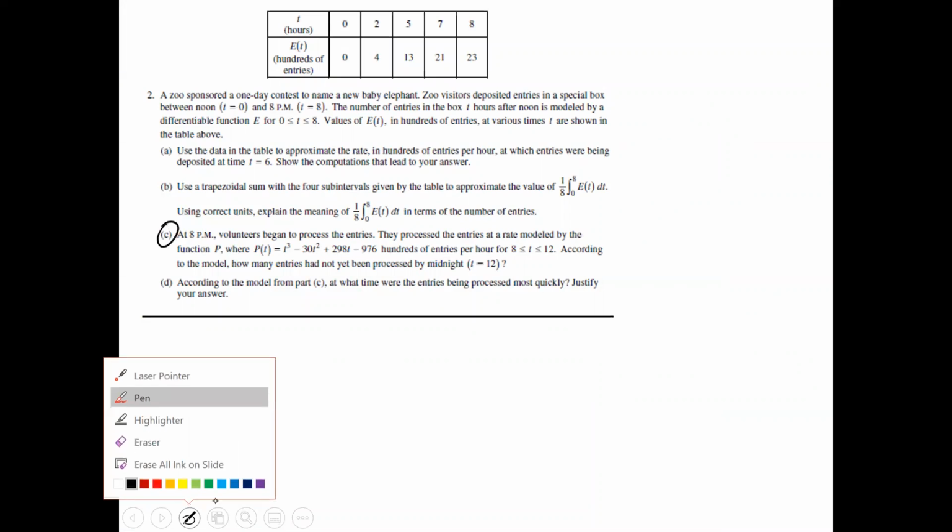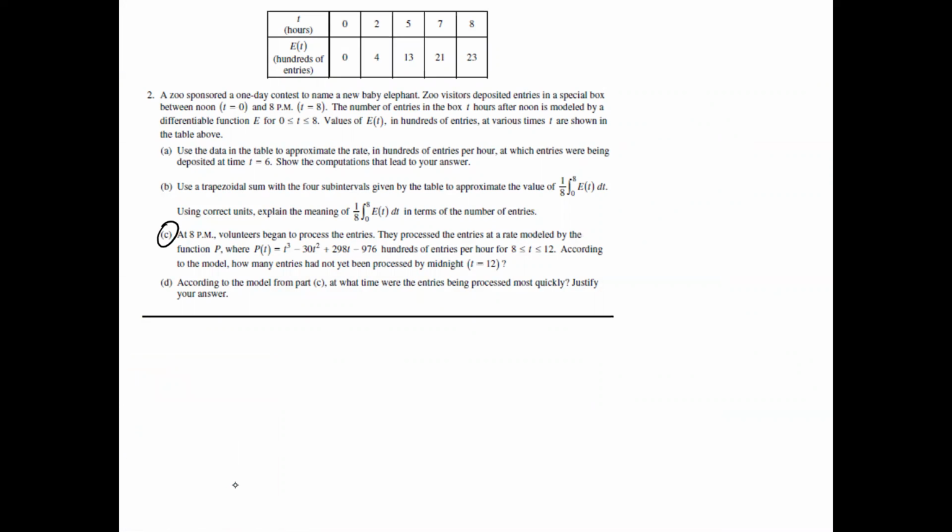Part C. At 8 p.m., volunteers began processing the entries. They processed the entries at a rate modeled by P of t, hundreds of entries per hour between 8 to 12. Because the entry stopped at 8, they're doing this from 8 p.m. till midnight. According to the model, how many entries had not yet been processed by midnight, by t equals 12?